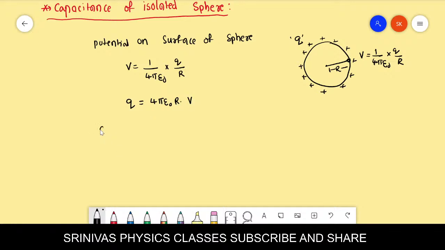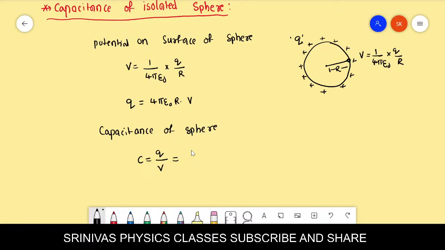But I want the capacitance of this sphere, which can store the charge. Then what is the basic formula for the capacitance? The capacitance basic formula is amount of charge by potential. Sorry, charge by potential.